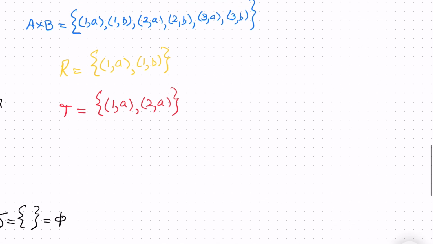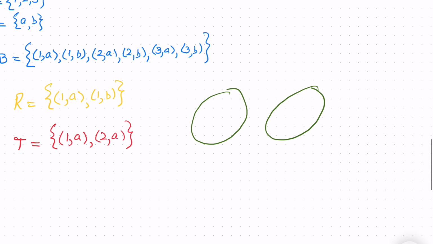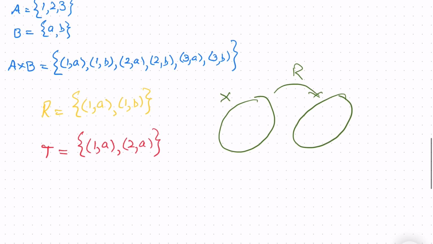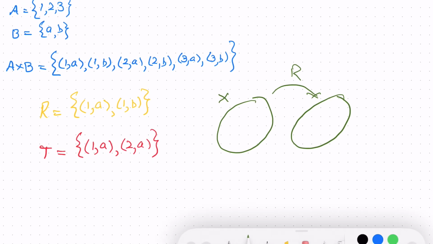So let's draw a kind of visual idea. This is your relation R. This is your set X, let's call it A, since we already have mentioned. So this is your set A into set B. And here we have two elements, actually just one, and then we have a and b here.